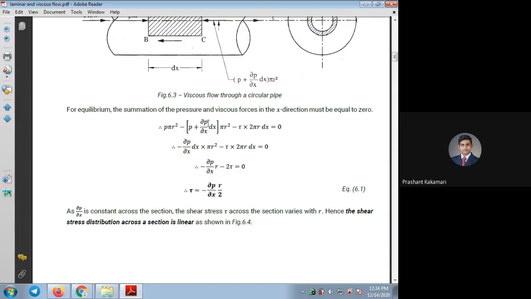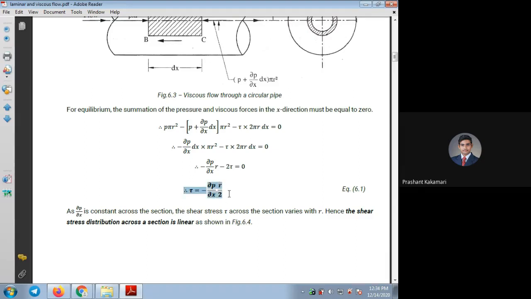So we are left with minus dou P by dou x into dx into pi r square, and similarly minus tau into 2 pi r dx. This dx can be cancelled because of the matching signs. So finally we get tau equal to minus dou P by dou x into r by 2. So this will be our shear stress equation.